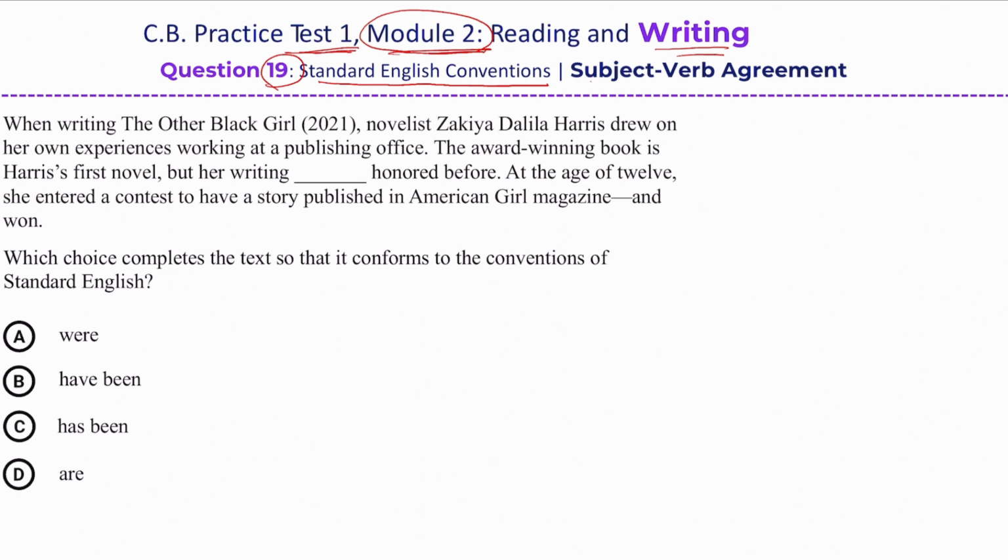So immediately, I know that C is going to be the correct answer, because it's the only verb that works. So without even having to think about the verb tense, this is called the present perfect tense, but without even having to think about it, like, how do you use the present perfect tense? What's the difference between the present perfect and the past tense, or the present perfect and the present tense? That's hard to think about.